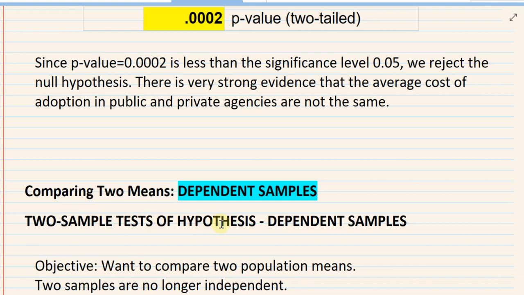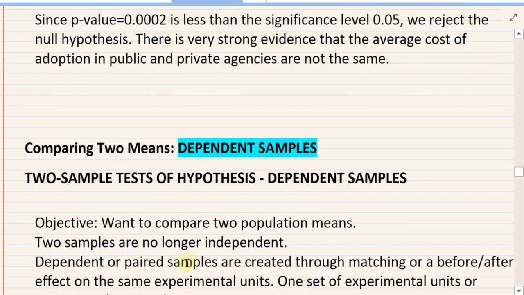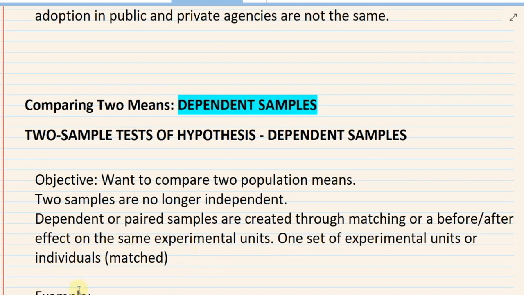Okay. We still want to compare two population means, but what we've changed is in fact the structure of our experimental design. So these two samples are no longer independent. So what are dependent or paired samples? I'll show you several examples in a minute, but usually dependent or paired samples, we use them interchangeably.